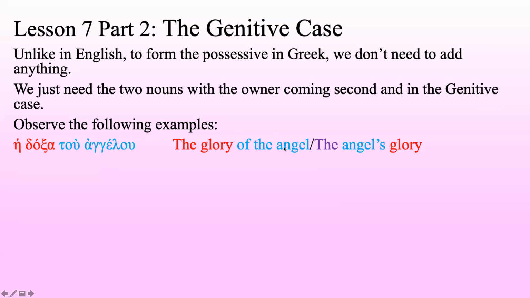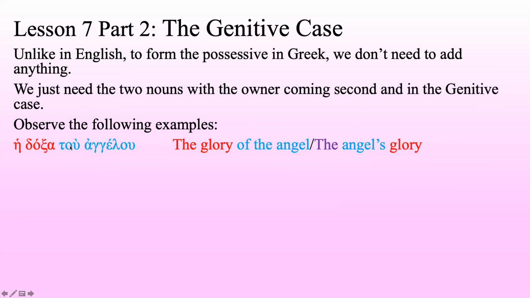So the glory of the angel, which is a structure we don't use quite as often in English, or we can flip it around to the way we normally do it, the angel's glory. We're looking at the glory, that's the subject of the sentence because it's in the nominative, and the angel is the one who's owning it. So the angel is describing glory.